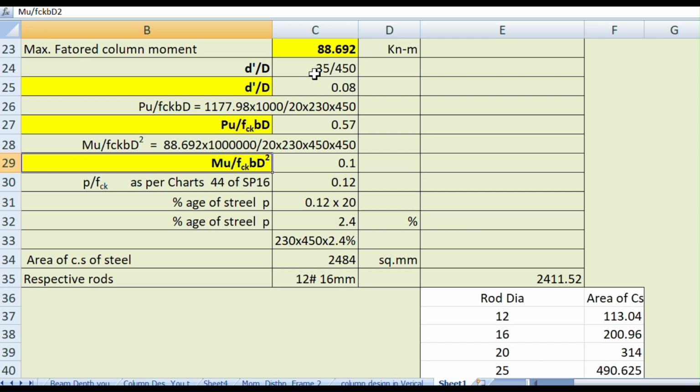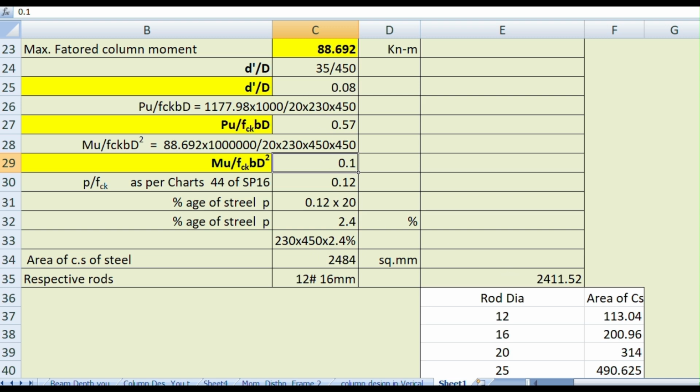For using this chart, we are calculating these items. d dash by D is 35 by 450. This value comes as this. Then Pu means the maximum axial load, fck is the characteristic strength of concrete, b is breadth, D is depth. This is the calculation method. On calculating this, this value comes as this. As well, Mu is the maximum or ultimate bending moment in the column. On calculation of this value, the fractions come like this: 0.1 and 0.57, for a d dash by D value of 0.08.